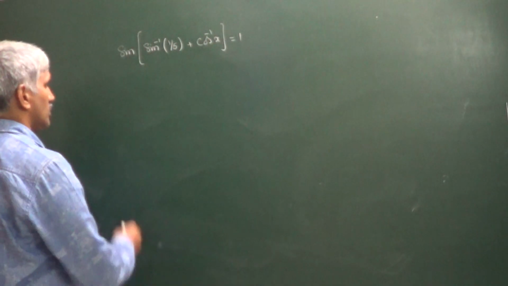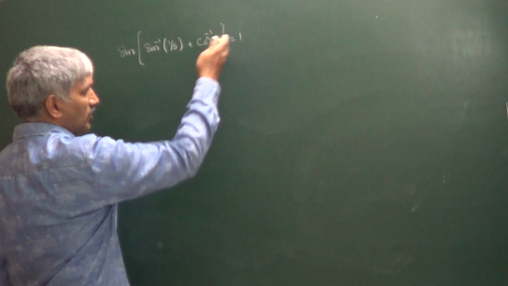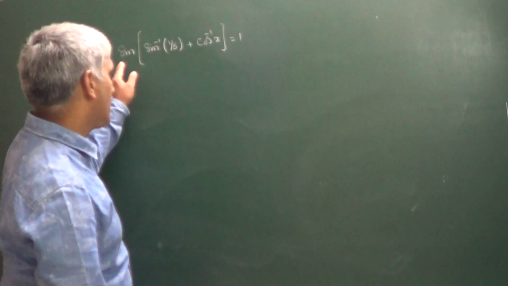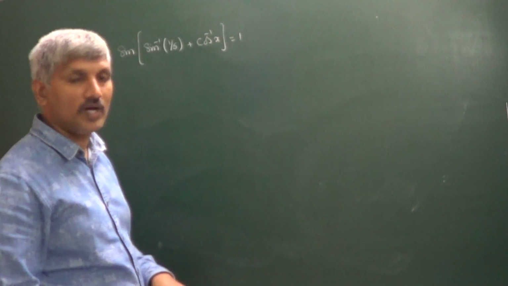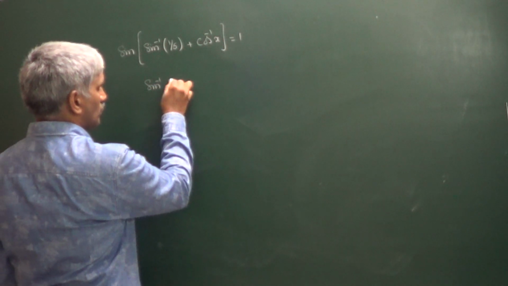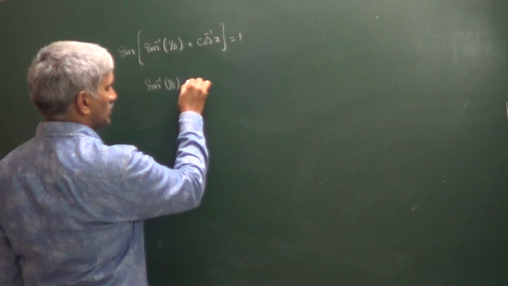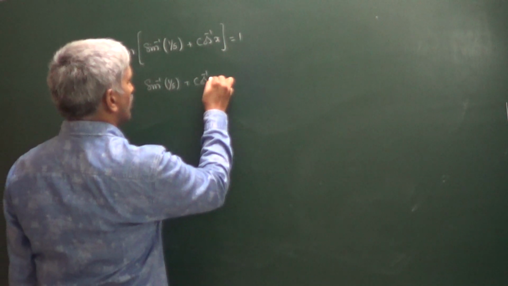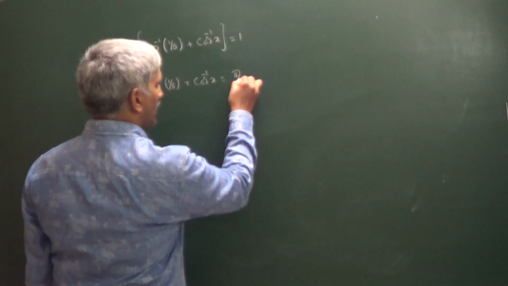You can check here, sine 90 is equal to 1. So that's why we can write this as sine inverse 1 by 5 plus cos inverse x must be equal to pi by 2.